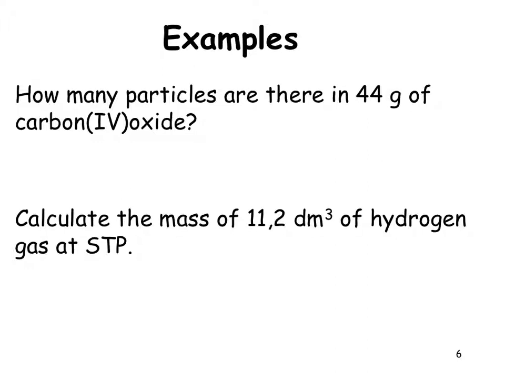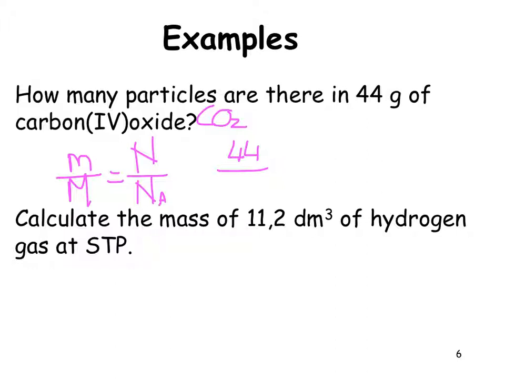Right, so the first thing that I need to do is say number of moles is mass over molar mass, which is equal to number of particles over Avogadro's number. Substituting in that information, I'm dealing with carbon dioxide. I've been given 44 grams. Carbon dioxide is CO2, so it's 12 plus 16 plus 16, which happens to be, very conveniently, 44.